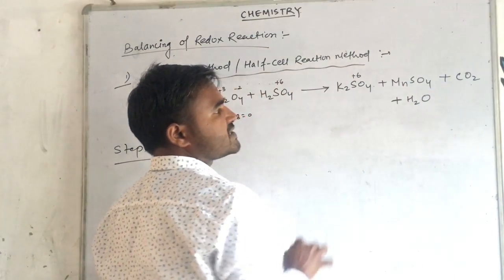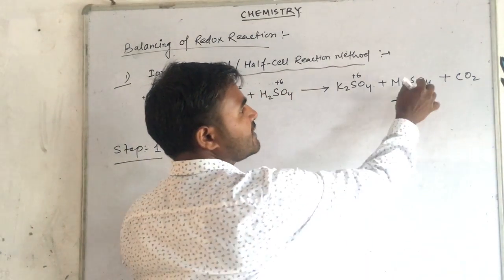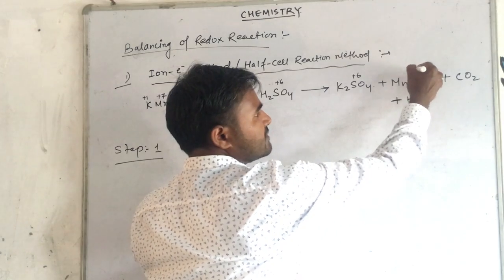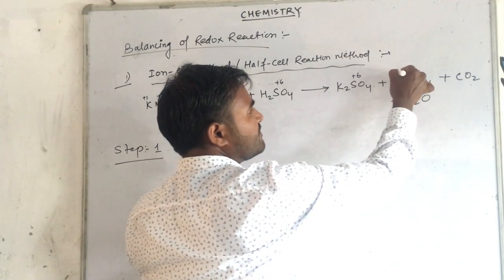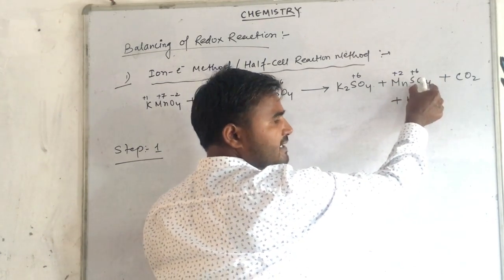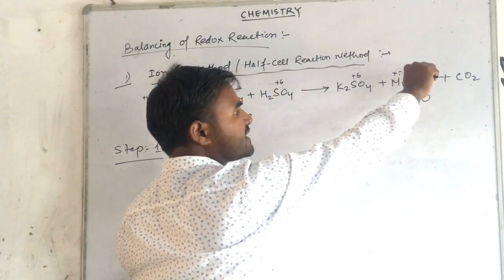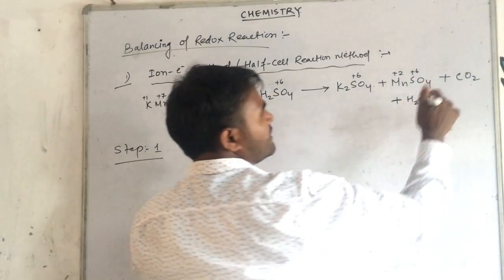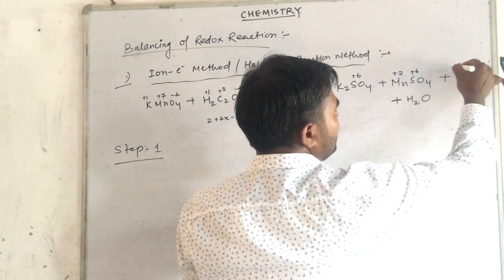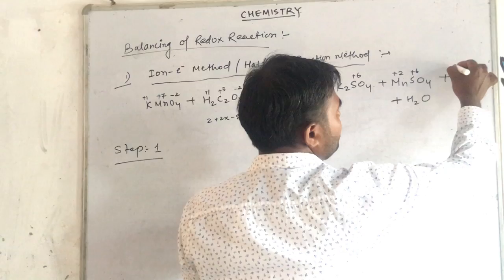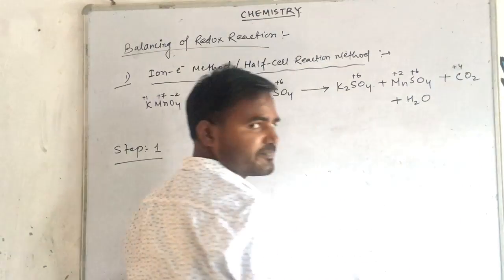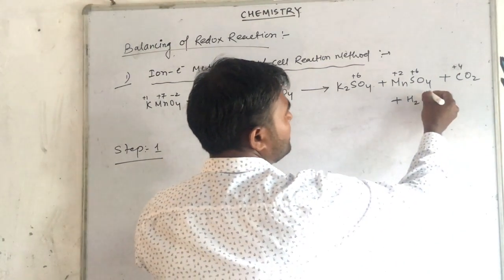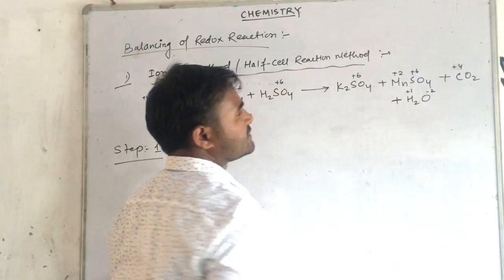What is the oxidation number of manganese? Sulfur is +6, and manganese will be +2 because sulfate ion has a -2 charge. The oxidation number of carbon here is +4, easy, oxygen -2, hydrogen +1.